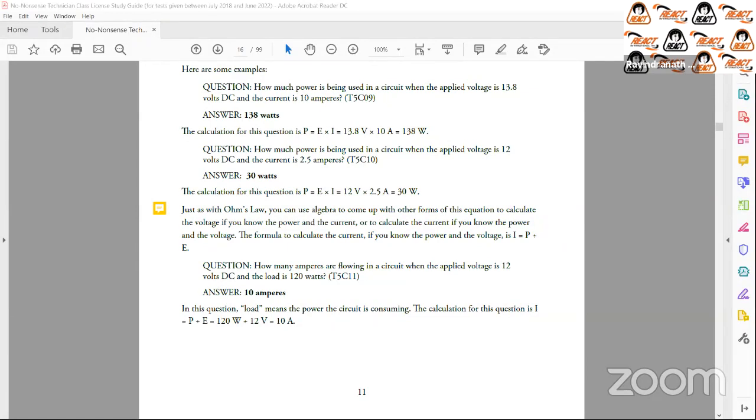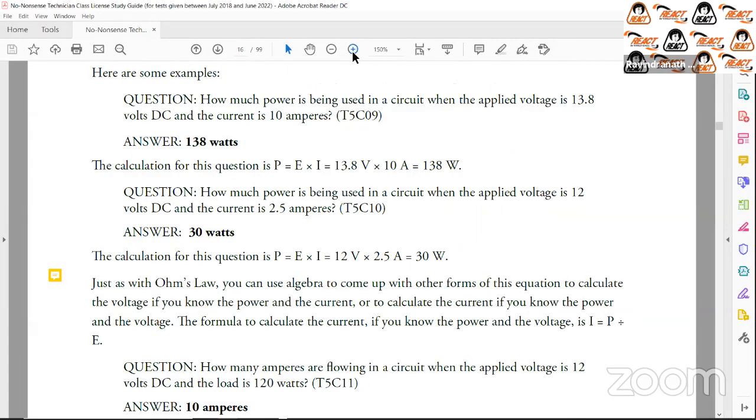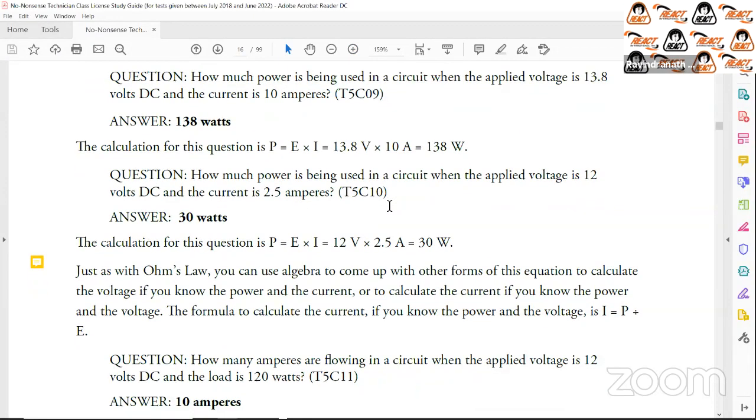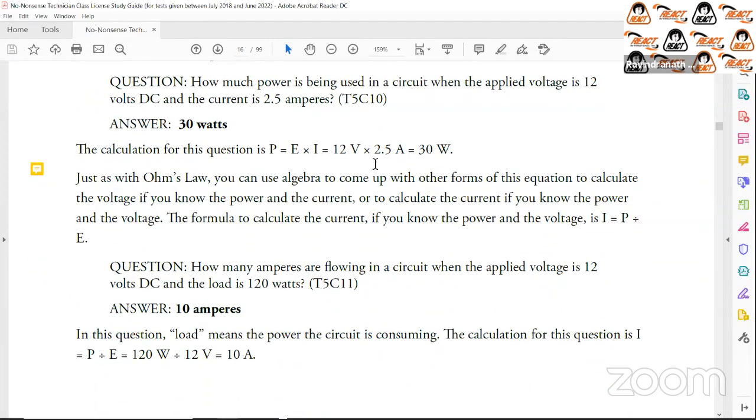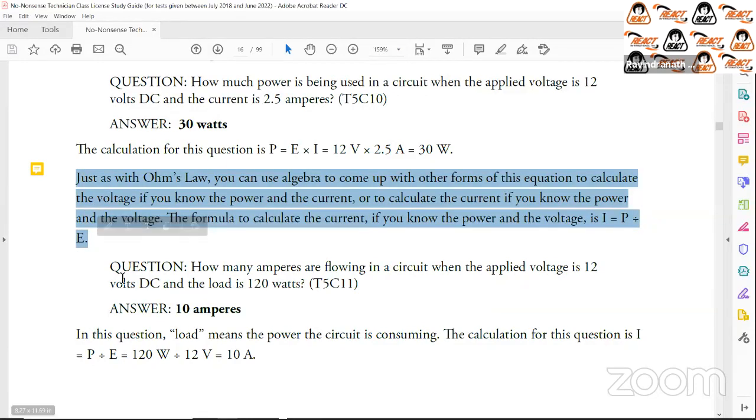So let us pick up where we left off last session. You should have on your screen at the moment the No Nonsense Guide, page 11, if you're following with the book, or if you're just following on screen. Let me see if I can make this a little bigger. Some persons might be using a mobile device. So we left off with the mention that you can manipulate the power formula to come up with any of the terms that you need to solve.